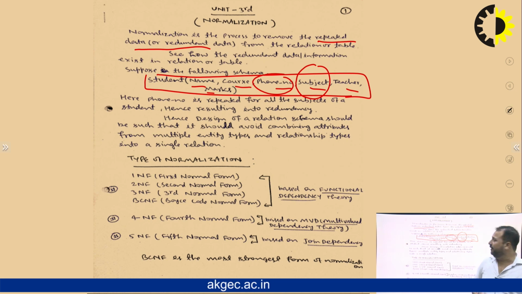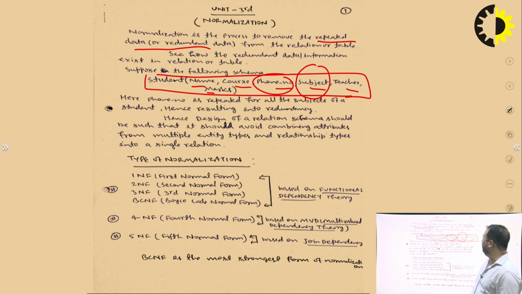The relation must be decomposed. These subjects and so on should be in other relations. To have less repetition of data, we should avoid combining attributes from so many relations, or avoid so many attributes in a single relation.